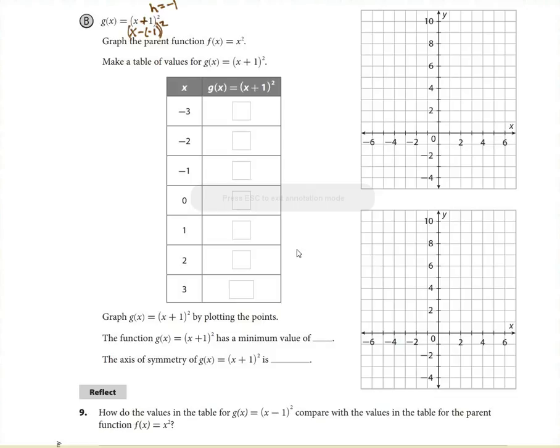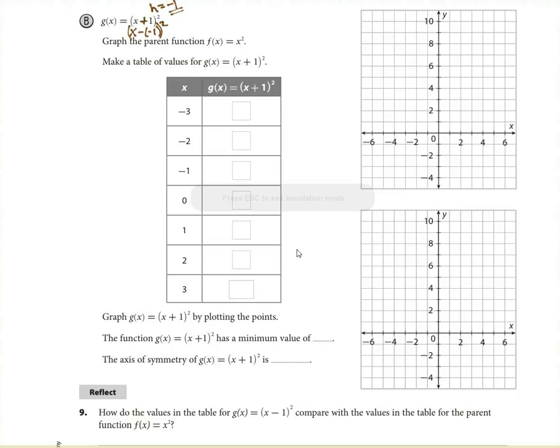So when this sign is plus, that means h is negative. Okay, so that's a little counterintuitive. You really have to focus on that and really work on remembering that. And the reason why is because the basic vertex form is x minus h.